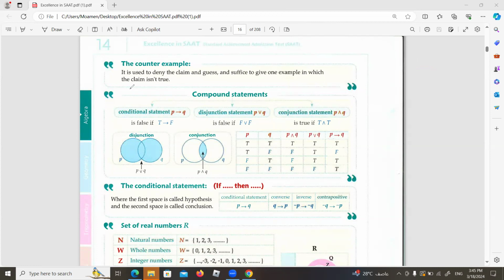Okay, we're going to the statements. Any statement can be true or false. If we have a compound statement, it has three kinds of relations.